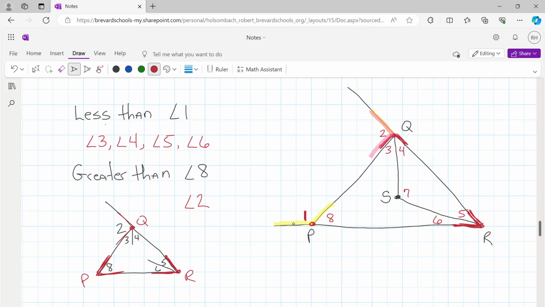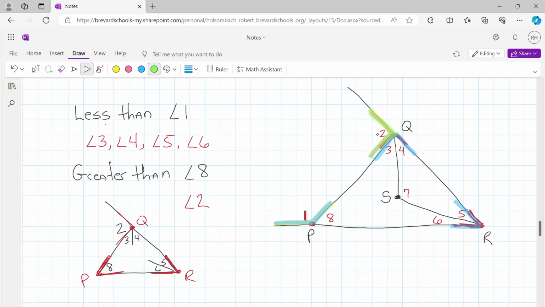An exterior angle is equal to the sum of its remote interior angles, which means it has to be greater than them, whether two angles make up one of the remote interiors or just one. So then we've got another exterior angle, angle 2.